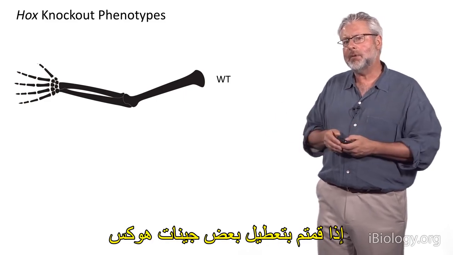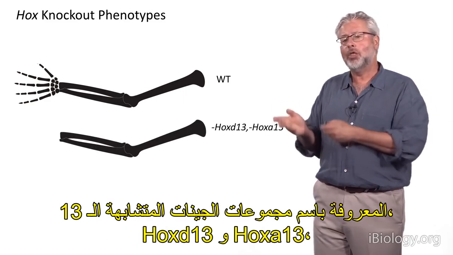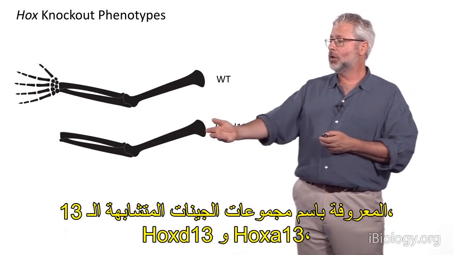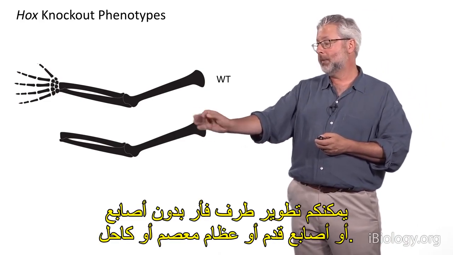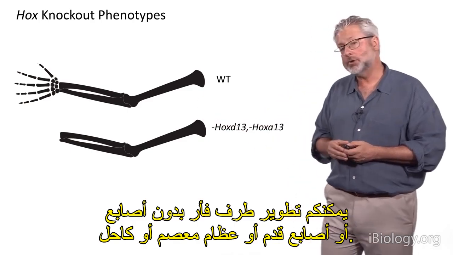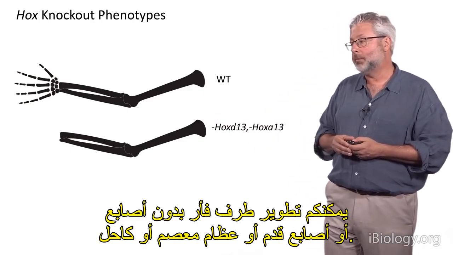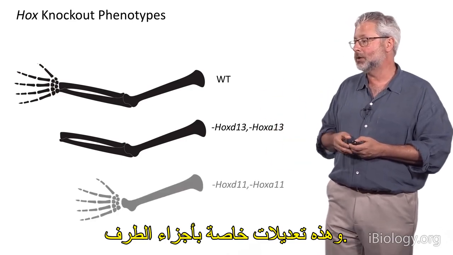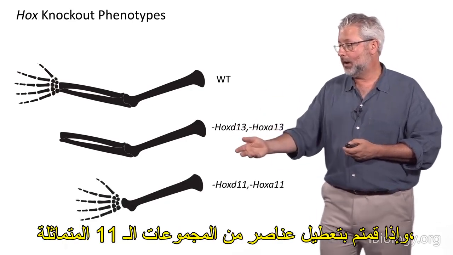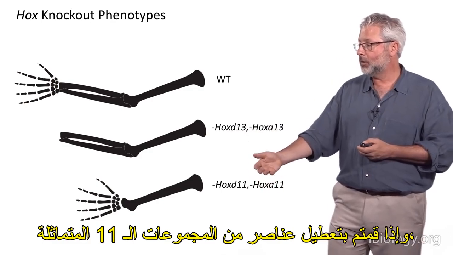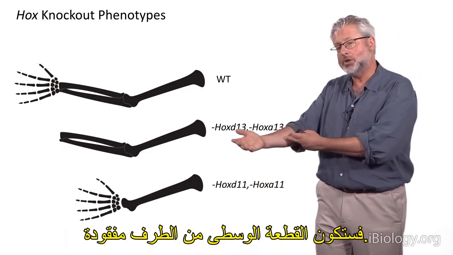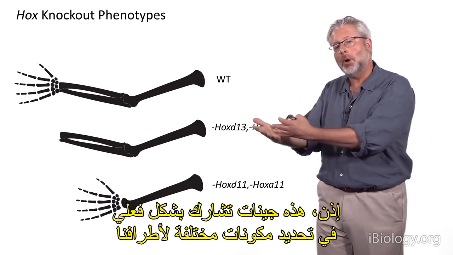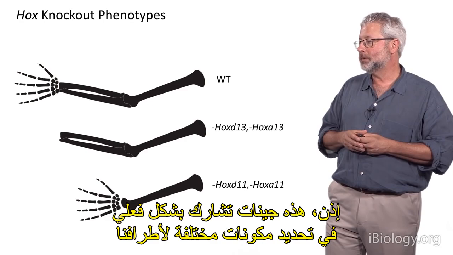If you knock out some of the Hox genes of what are known as the 13 paralog groups, HOXD13 and HOXA13, you can develop a mouse limb that has no fingers, toes, or wrists or ankle bones. And these are segment-specific modifications of the appendage. And if you knock out elements of the 11 cognate groups, you're missing the middle segment of the appendage. So these are genes that are really involved with the specification of different components of our appendages.